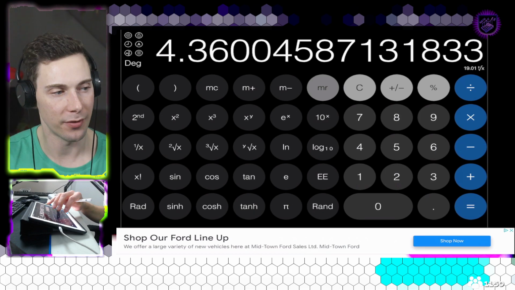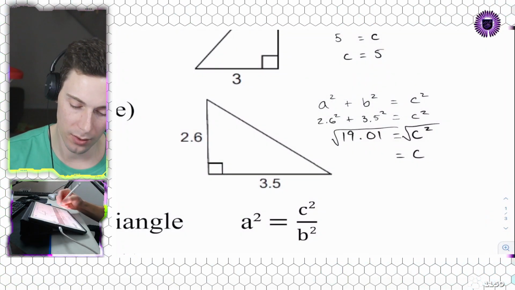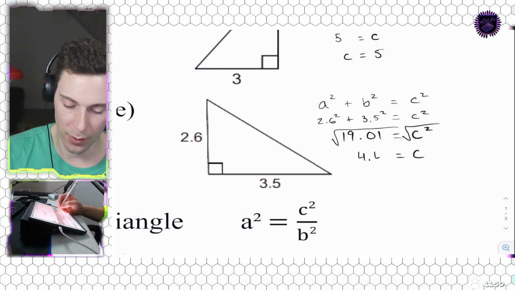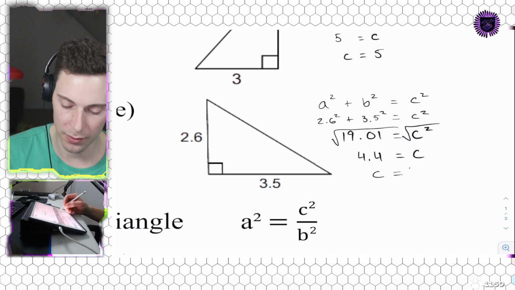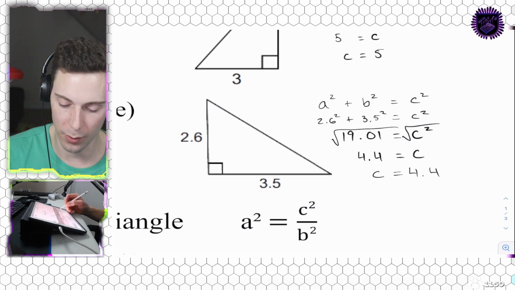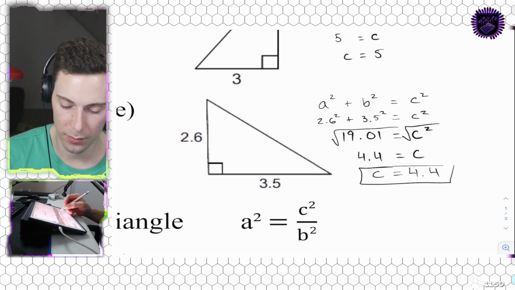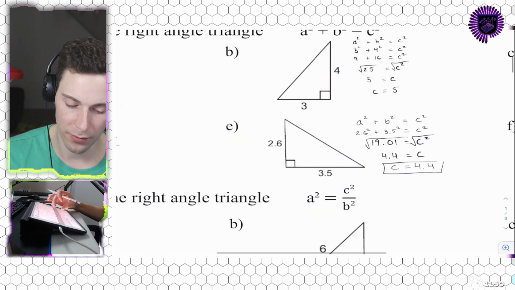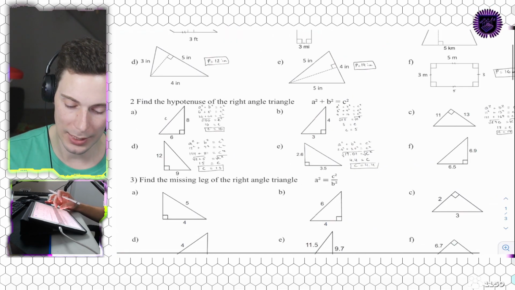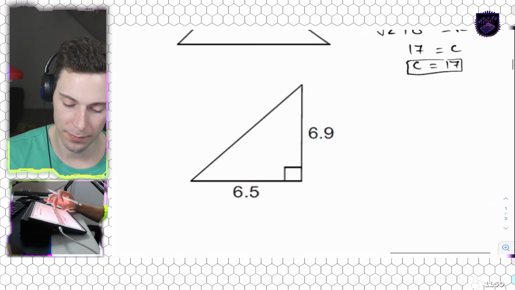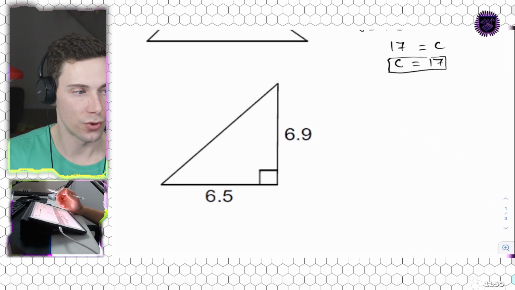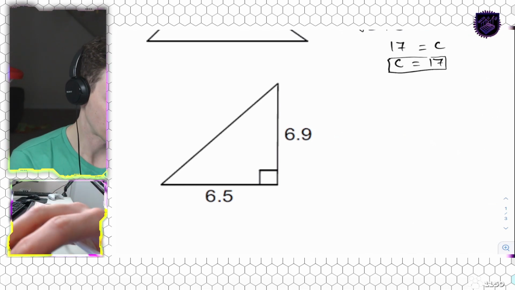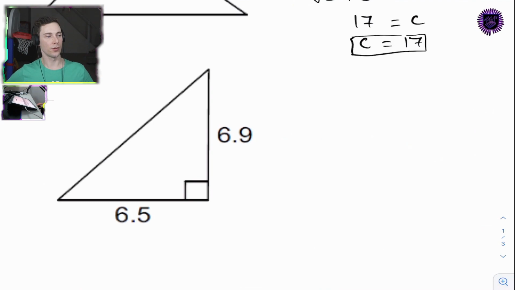That will round up to 4.4. 4.4 is equal to c, or c equals 4.4. That is our answer for 2E. Let's go on to 2F.